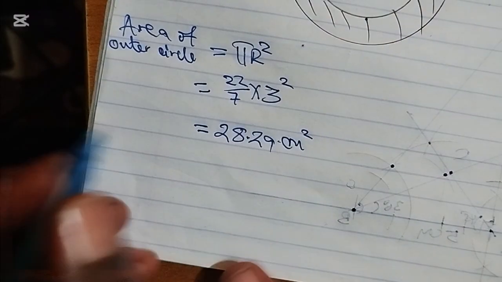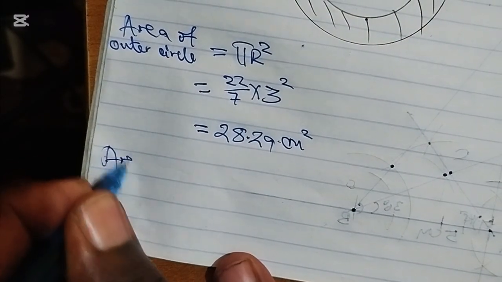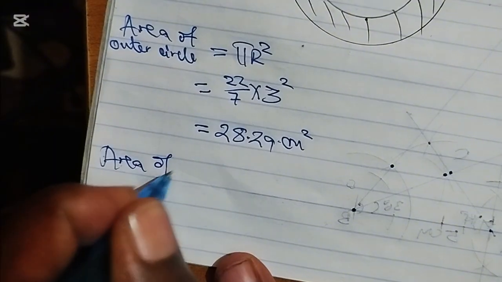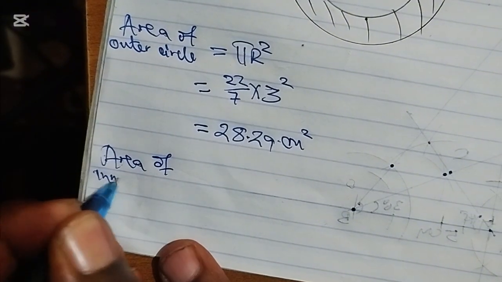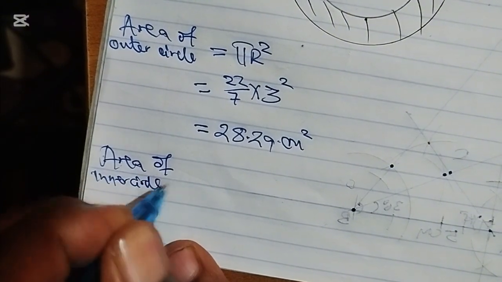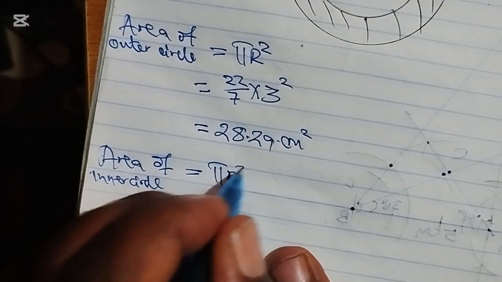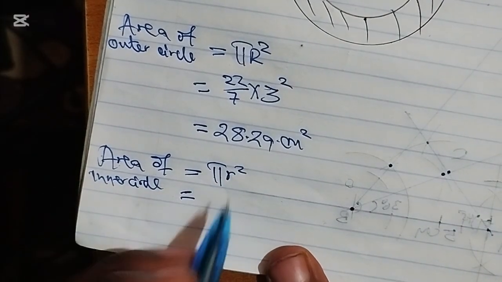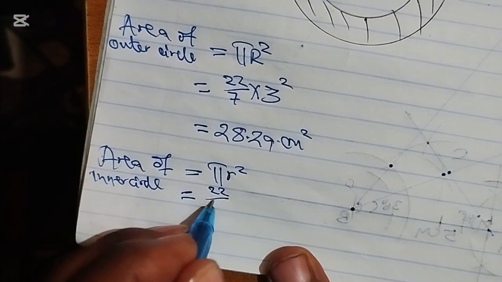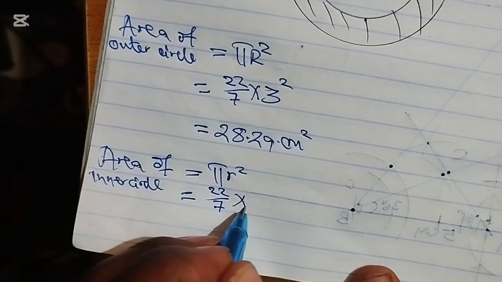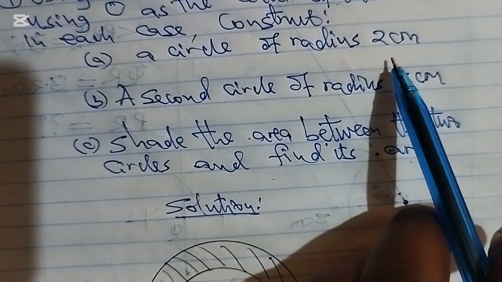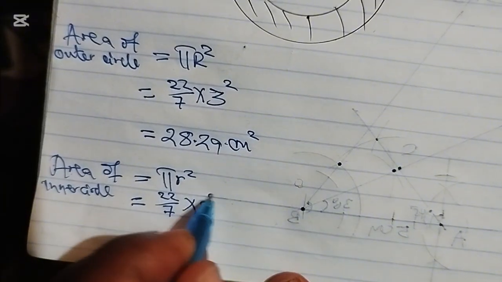Let's also compute the area of the inner circle, which is given by pi r squared. Our pi here will be 22/7 multiplied by the radius. The radius of the inner circle is 2 centimeters, so you multiply this by 2 squared.